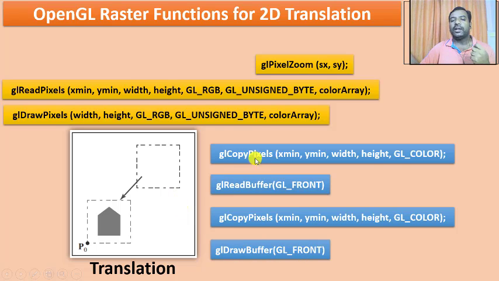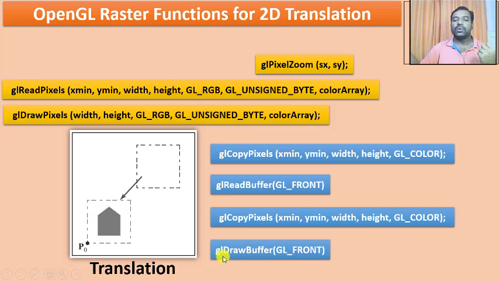Hence by calling this glCopyPixels, and by giving this point as xmin, ymin, I have copied this pixel information and stored it in a temporary array using glReadBuffer. And using this function now, I am using xmin and ymin as this point. I am copying this pixel information as the block of pixels.